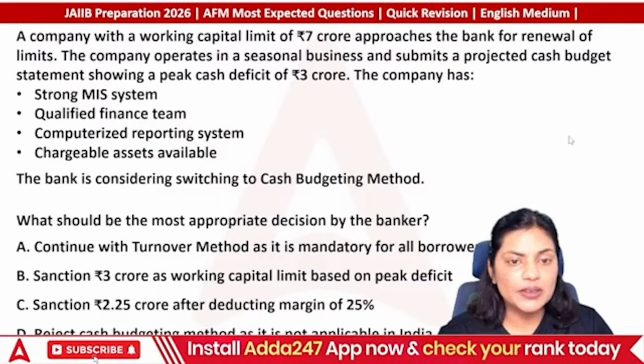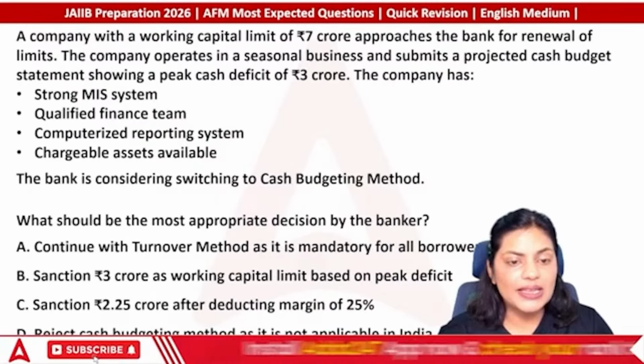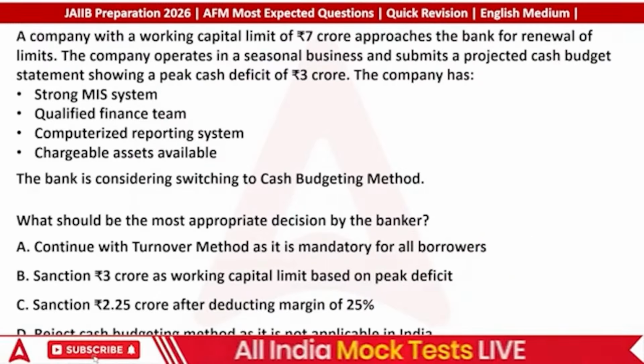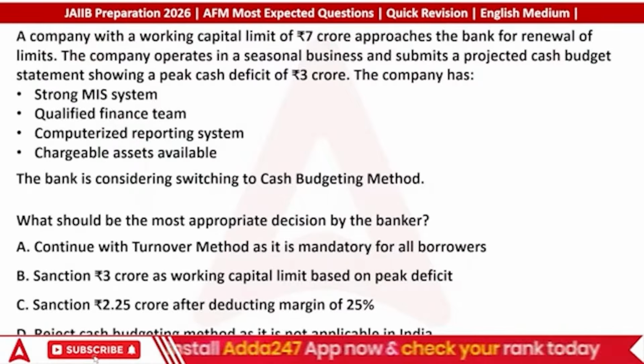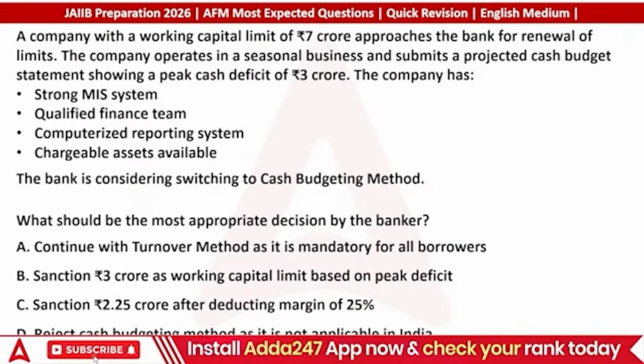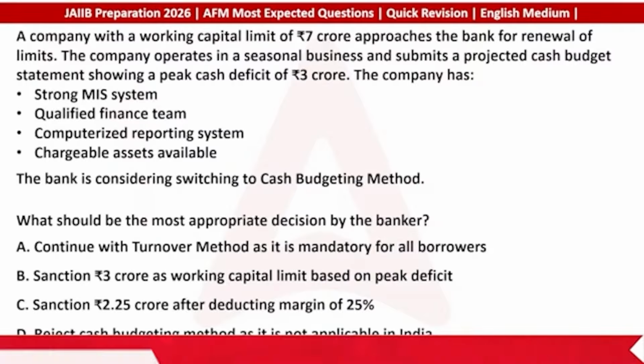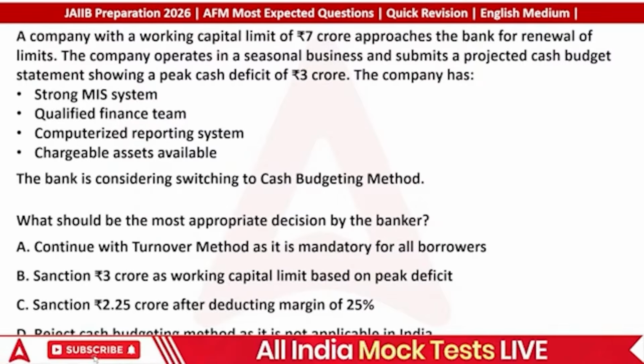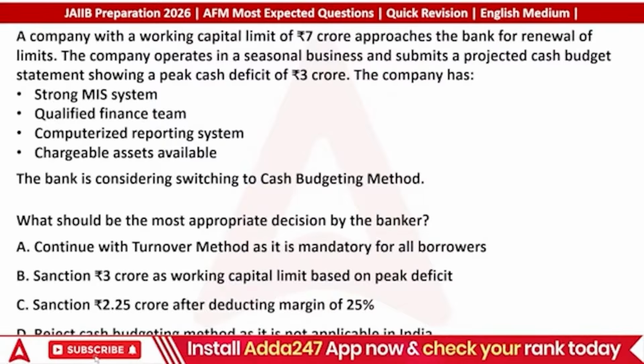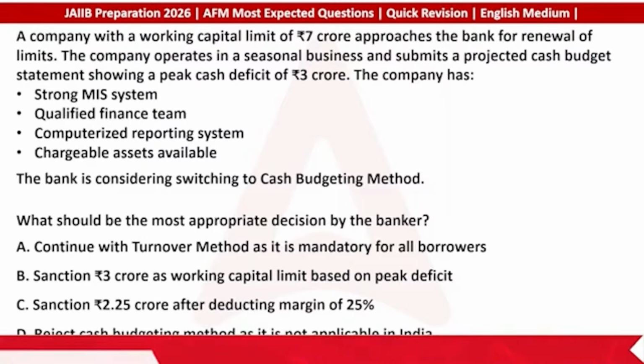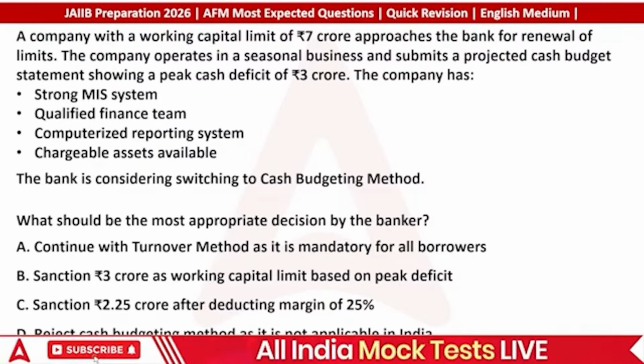Continue with the turnover method as it is mandatory for all borrowers. Sanction 3 crore as working capital limit based on peak deficit. Sanction 2.25 crore after deducting margin of 25%. Reject cash budgeting as it is not applicable in India. What do you think is the right answer?